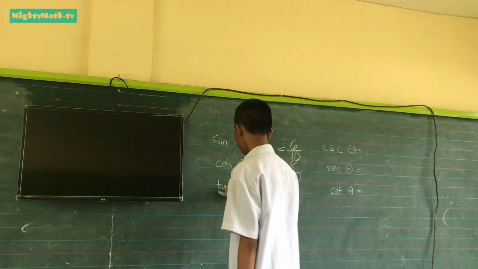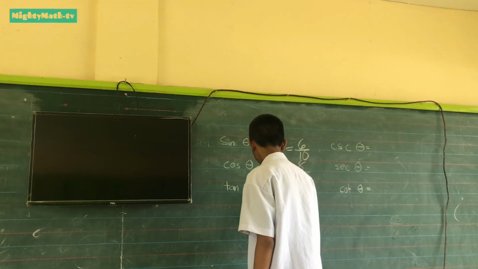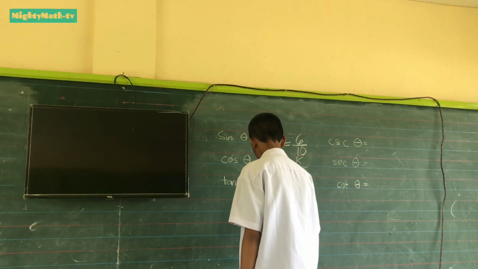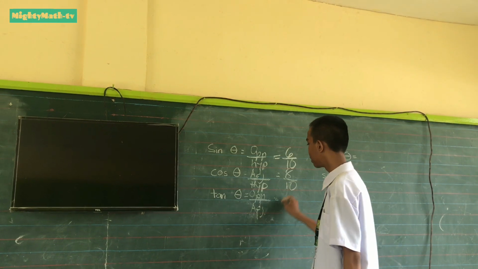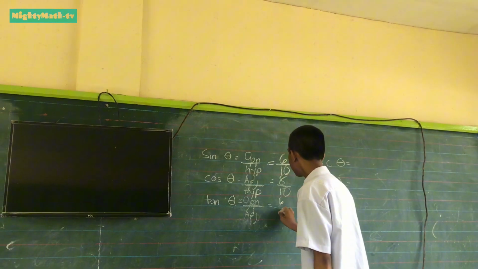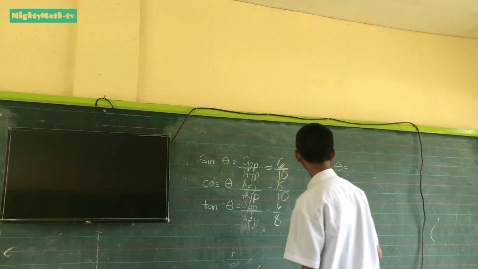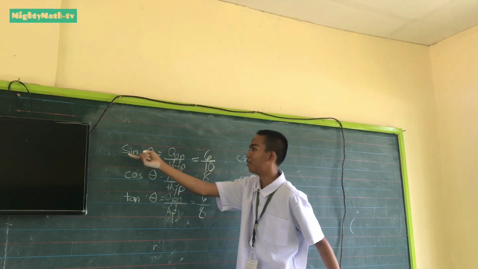And next is tangent theta. And the formula for tangent is opposite over adjacent. And the value of them is 6 over 8. We know that the cosecant is the reciprocal of sine.